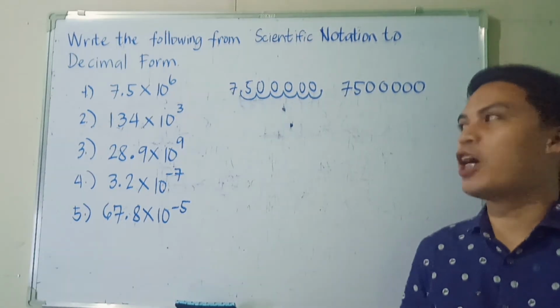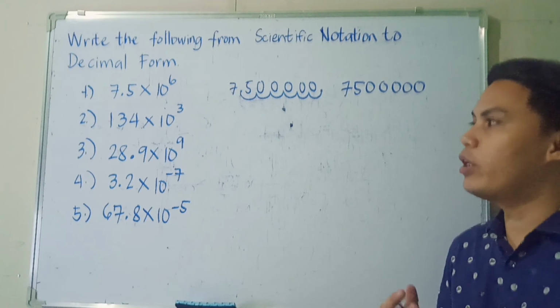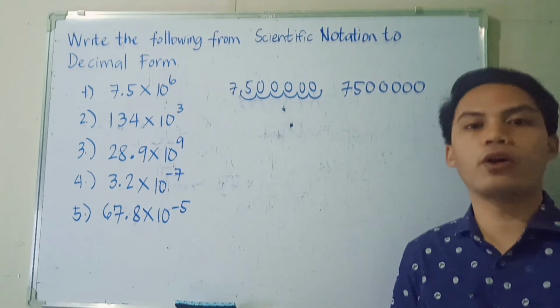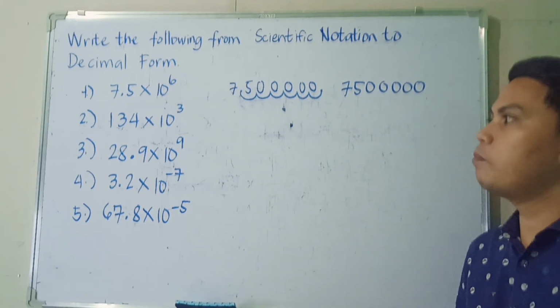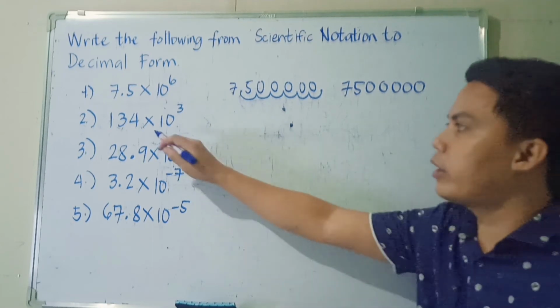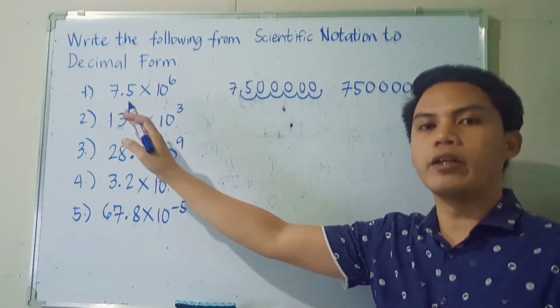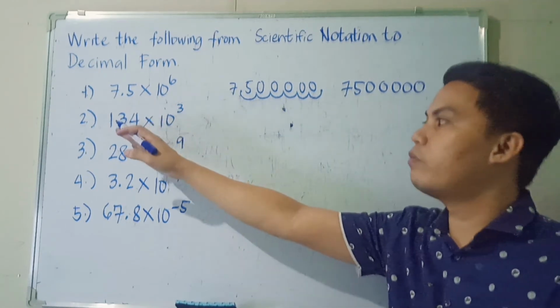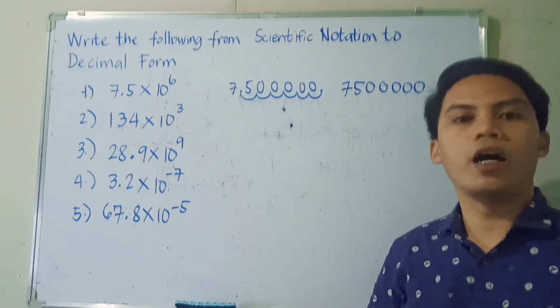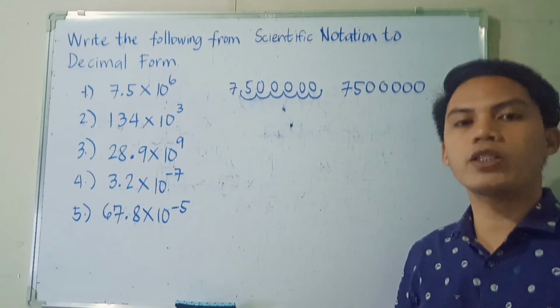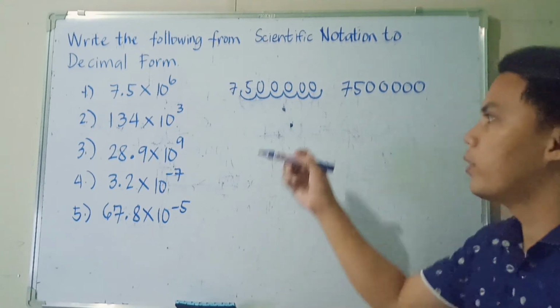Okay, next example. We have 134 times 10 raised to the power of 3. So, yung decimal point dito ay located after 4 kasi nga hindi siya nakalagay sa given natin. Okay, automatic, pag whole number yung given natin, nasa last digit or after ng last digit yung decimal point natin.